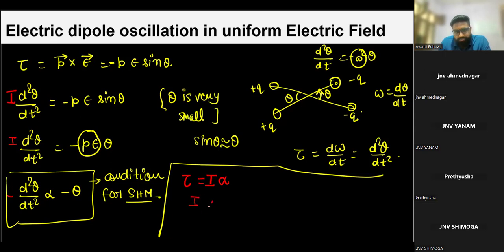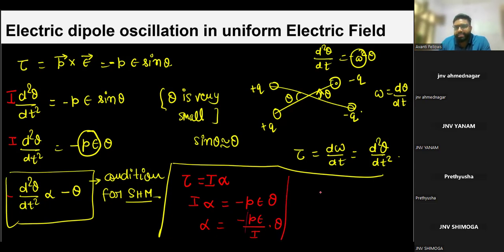When you put the I alpha and equate it with minus of PE theta, ठीक है, then alpha you will have as minus PE divided by I into theta.